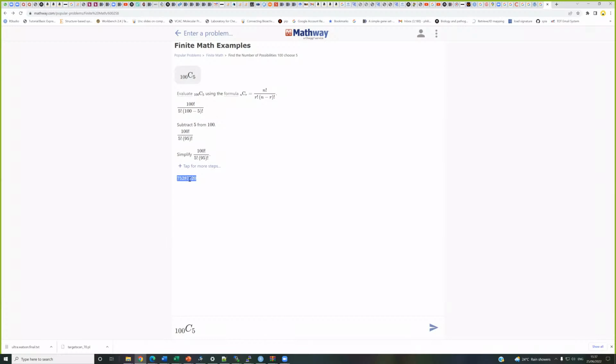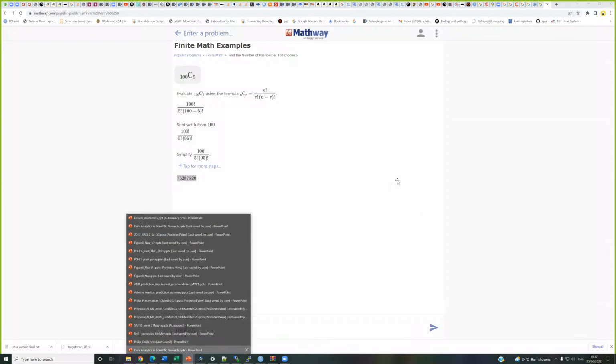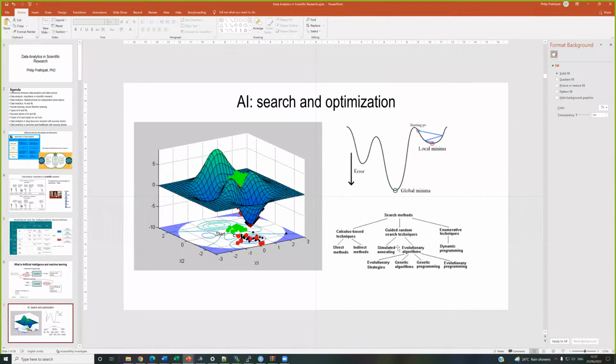Out of the 75 crore models with 5 variables, one of them will be much better than the others. So how do you search for such a model? You use artificial intelligence methods, like simulated annealing or genetic algorithms. This is a huge field, and it's used everywhere in data analysis.